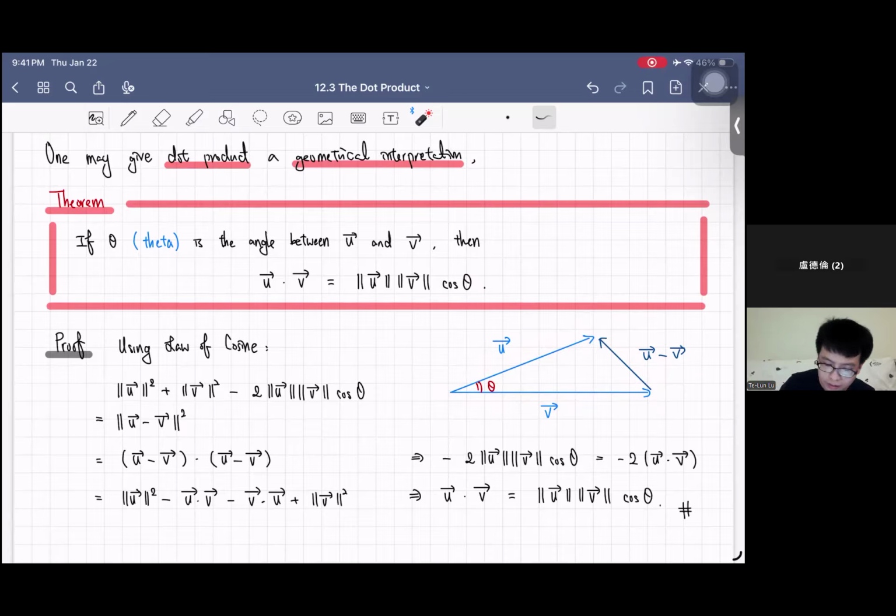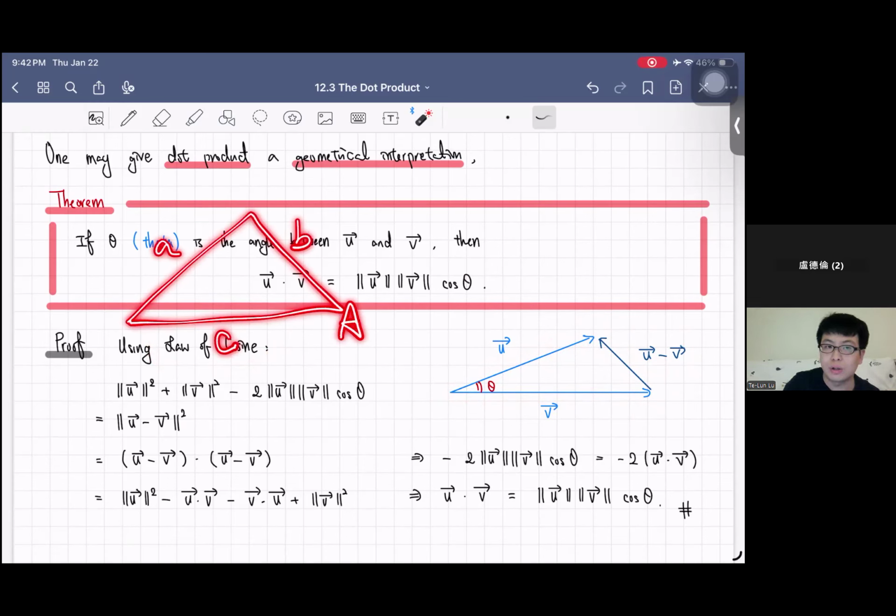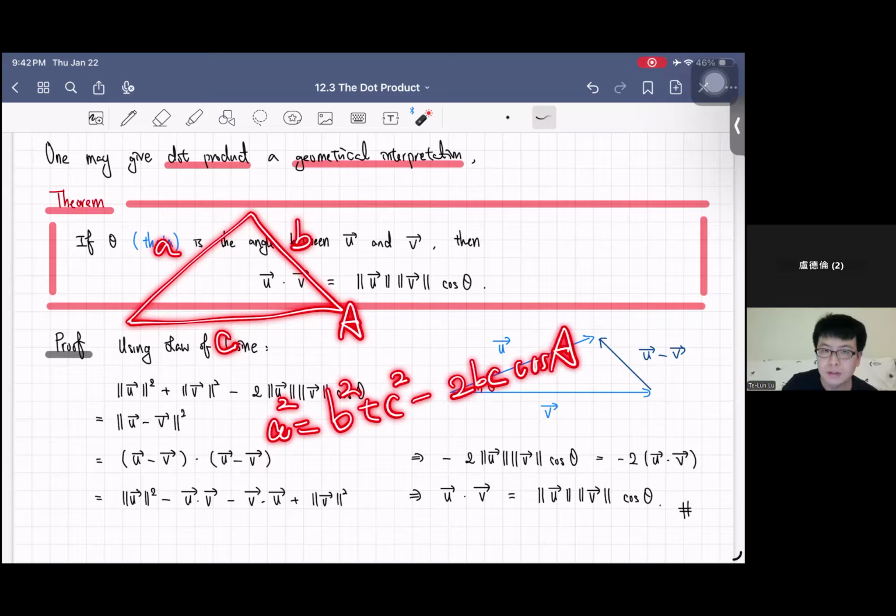So according to the law of cosine, make sure you're familiar with law of sine and law of cosine. Those are basic geometric objects we might or might not use in our future course. So the law of cosine states that, let me recall that really fast. Say this angle is called A. Then you could represent A squared in terms of B squared plus C squared minus 2BC cosine A. So it is sort of an extension of the Pythagorean theorem.